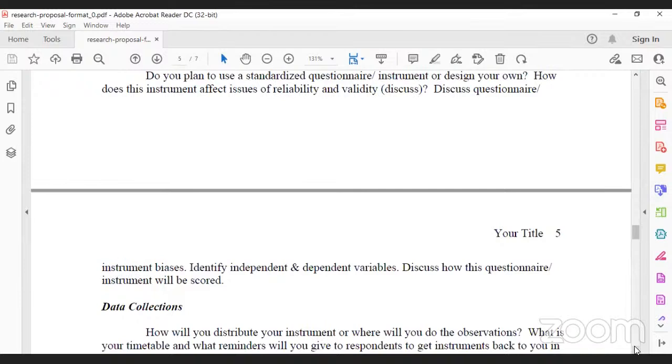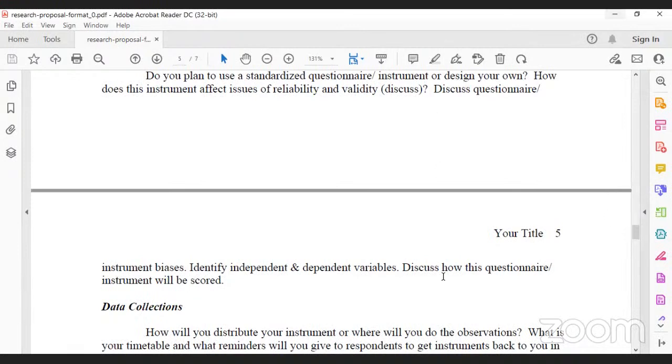And if you are going to design your own, then how is that instrument going to help with the goals and the aims of your research proposal? And how are you going to assess the reliability and validity for the same? How would this questionnaire be scored?